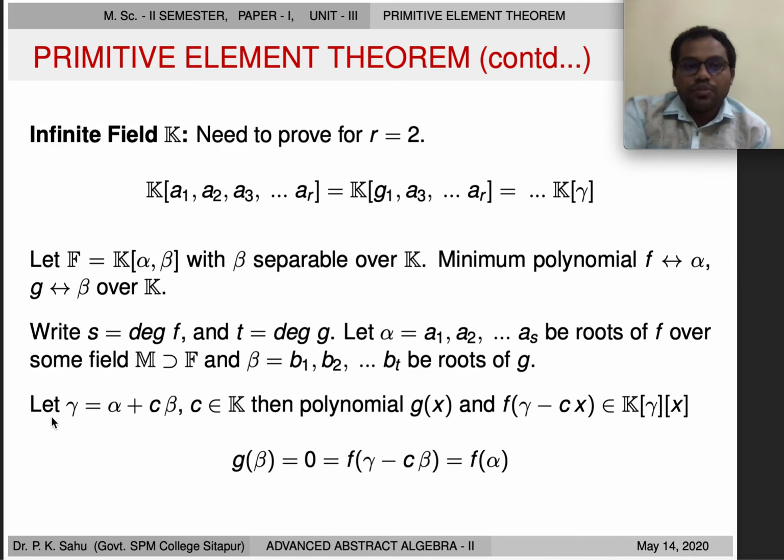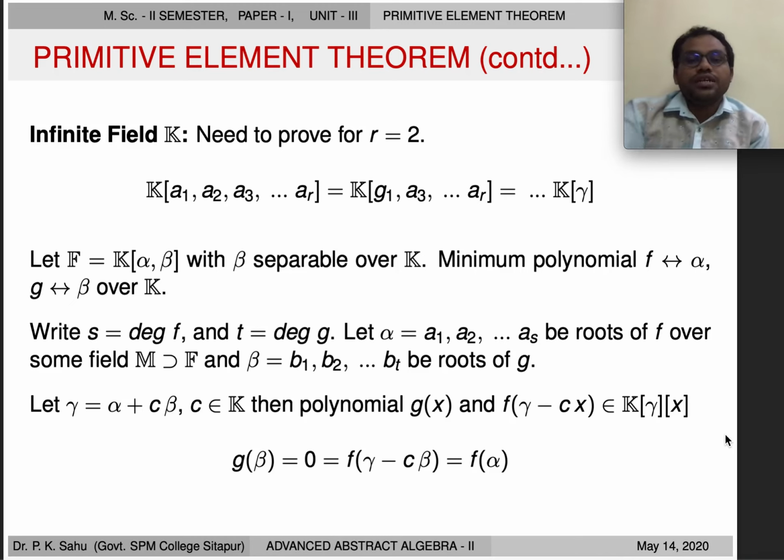When we introduce gamma, this gamma may or may not be a polynomial in k[x], but f(gamma minus cx) must be a polynomial over gamma adjoined to k. So both the polynomials g(x) and f(gamma minus cx) belong to gamma adjoined to k[x].